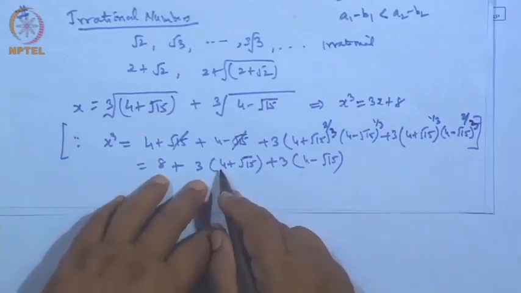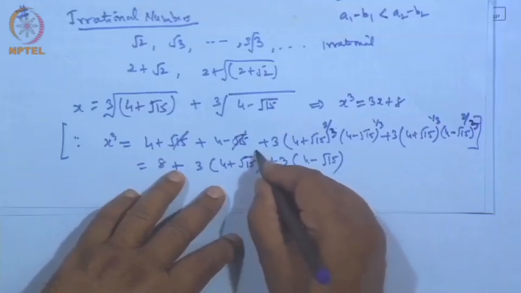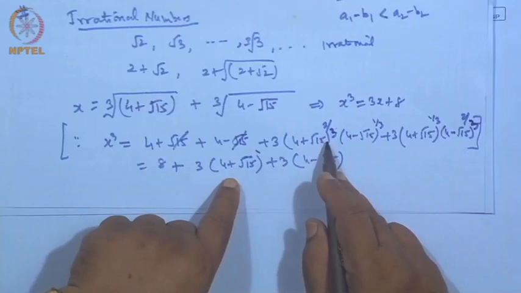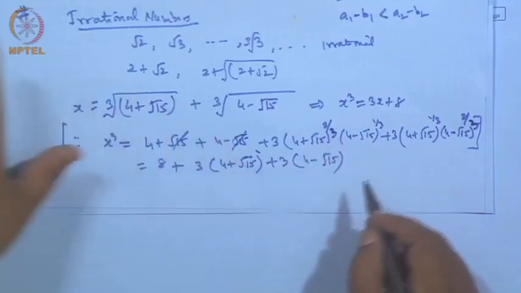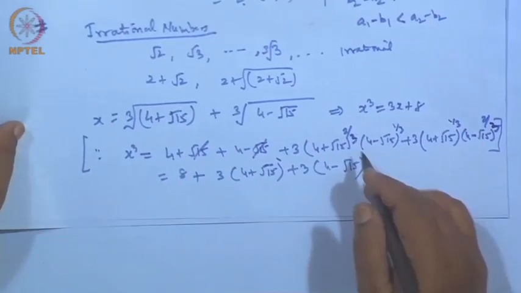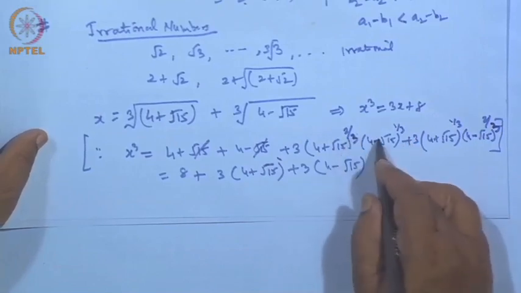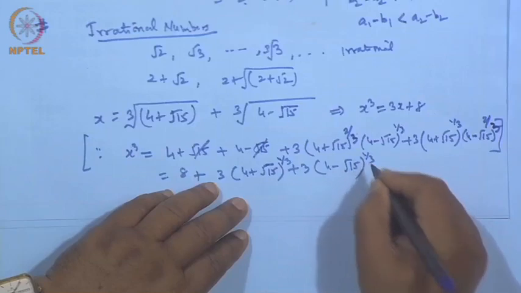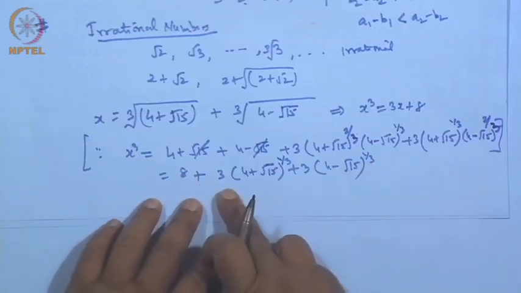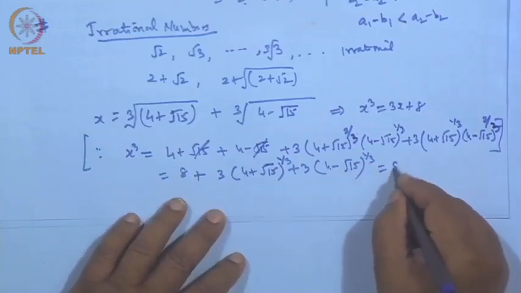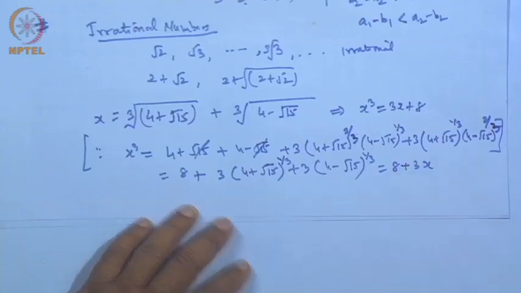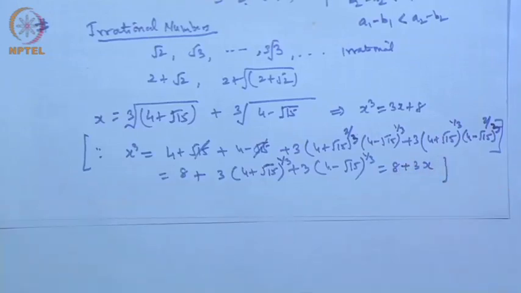So when you take this outside, this becomes 1/3. Finally, what you are getting is the square of this, 1/3 and 1/3. So 1/3 is outside, 1/3 is outside. And now this is x. So it becomes 8 plus 3x. Is it okay? So we get this one.